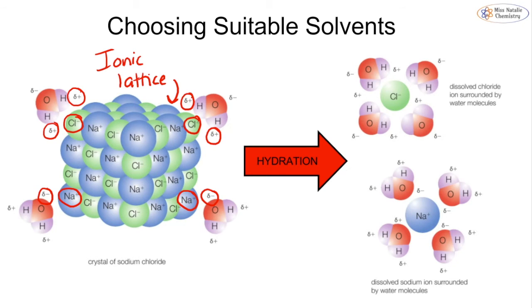And eventually what will happen is the attraction here will become so strong, it will pull apart, and it will then cause the ionic lattice to break. Your chloride ion will be surrounded by water molecules with the hydrogens being closest to it, whereas the sodium will be surrounded by water molecules with the oxygen being closest to it.